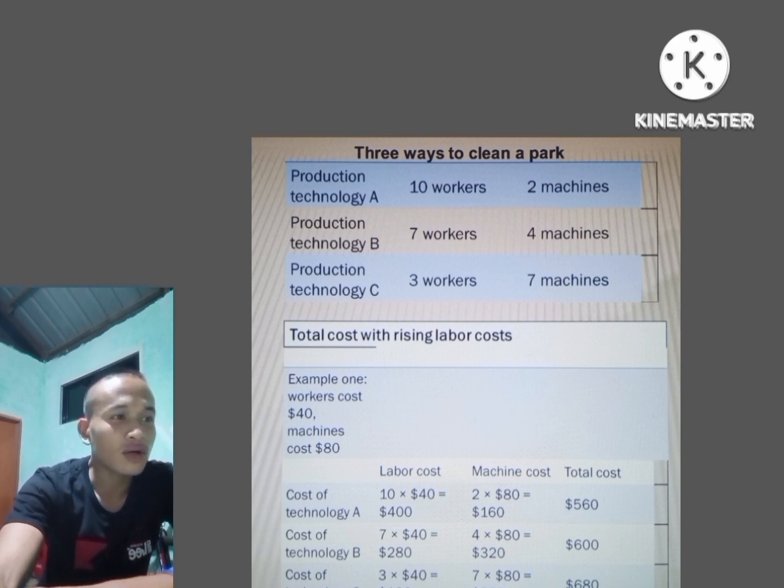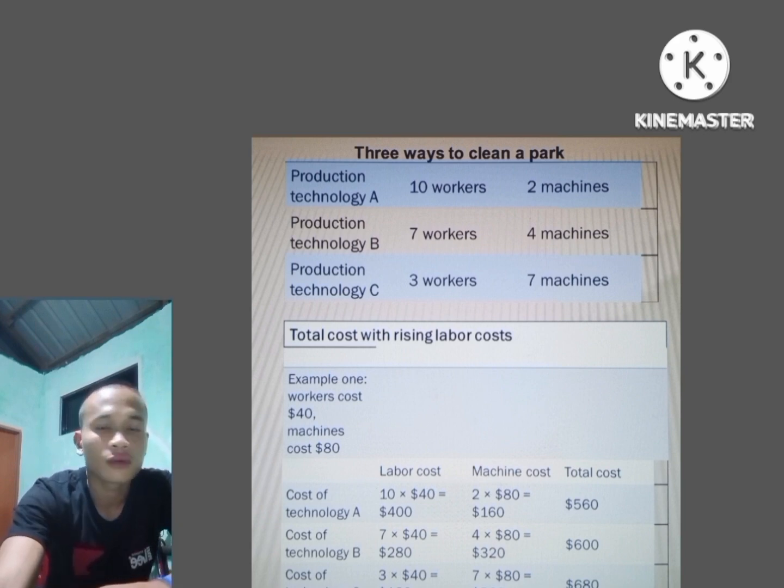The total cost is $400 plus $160, which is $560. This is the cost of technology A.